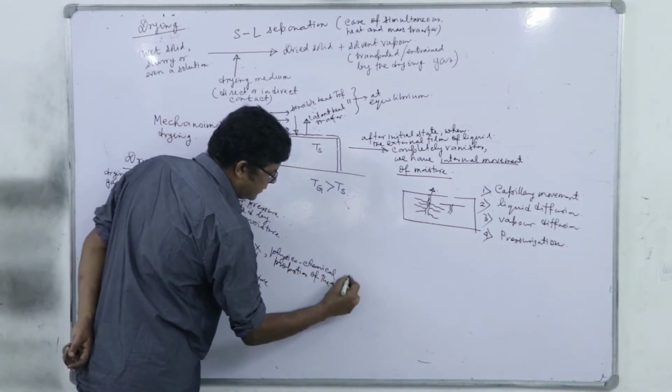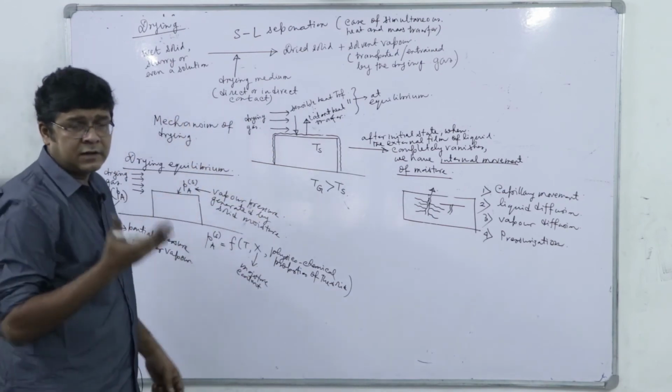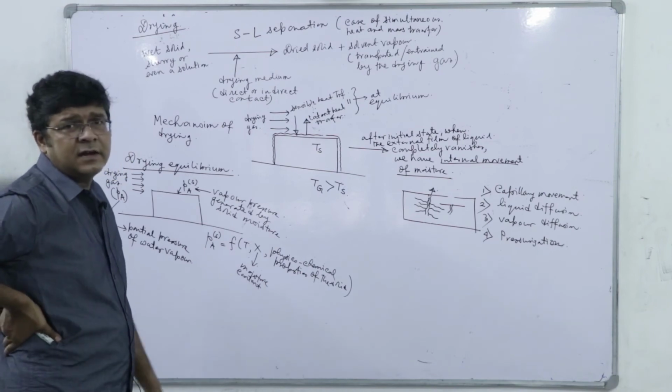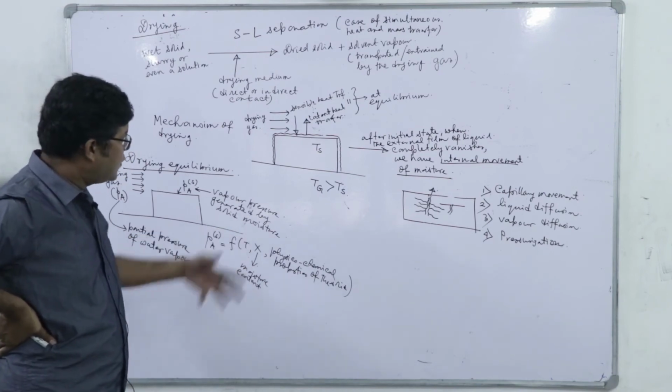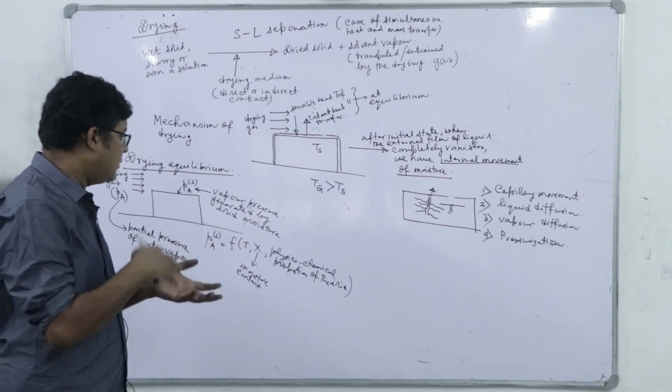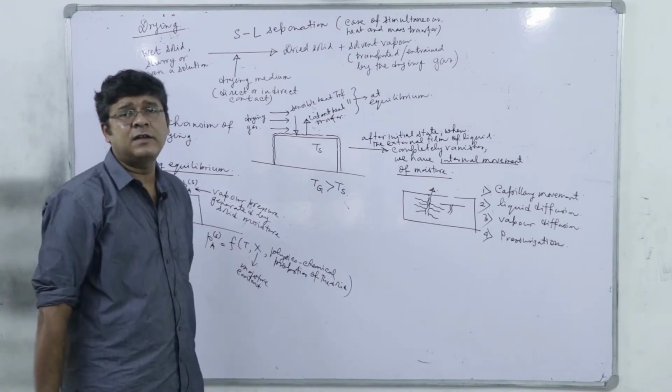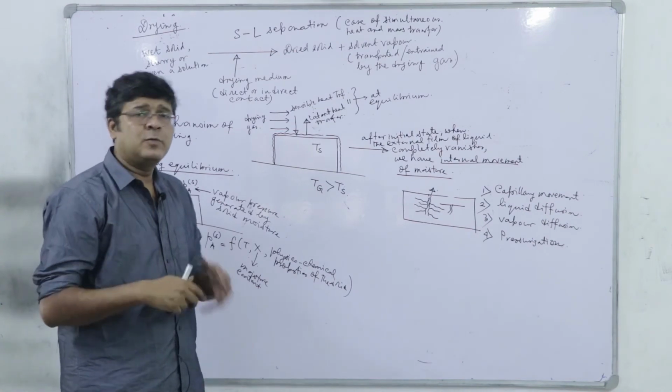That is its structure or the distribution of the cracks, then the chemical nature, how hygroscopic it is, or more precisely, what is the nature of interactions of the solid constituent chemicals with water.